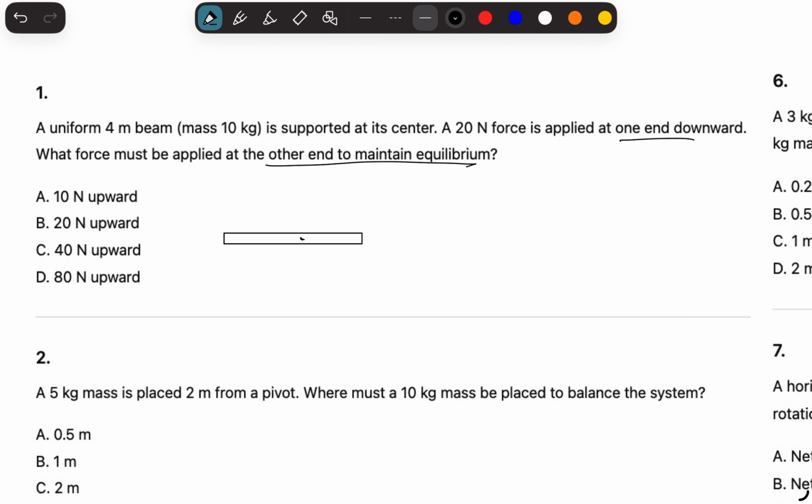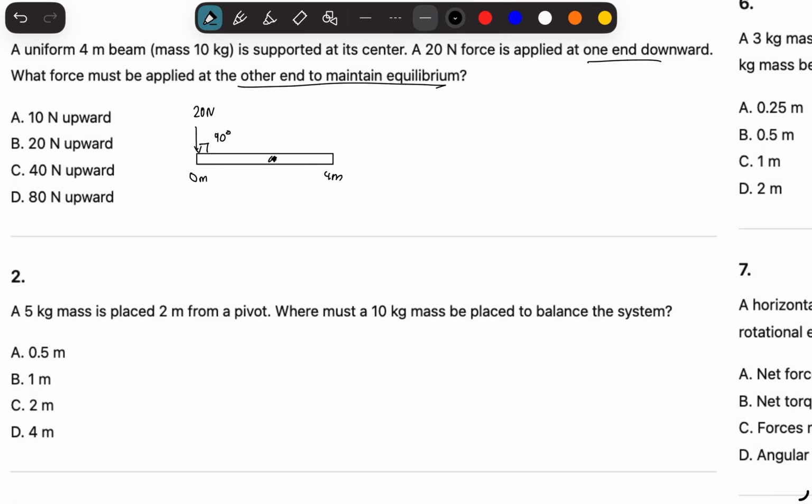So, for this question, this is going to be 4 meters, 0 meters. That will be 90 degrees. So that means that your center here is at 2 m.